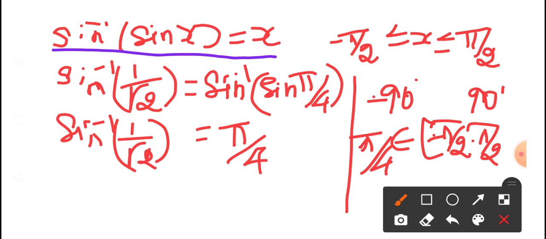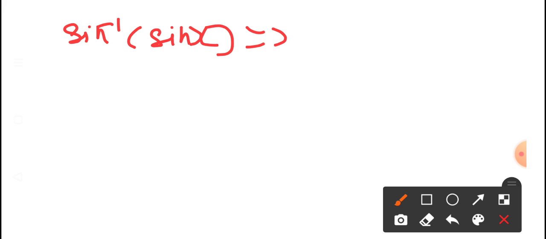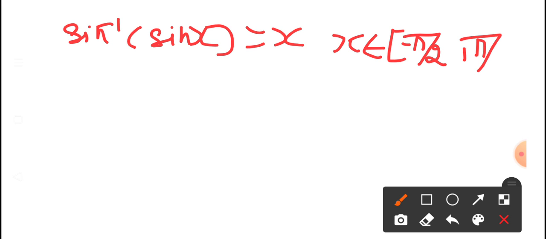Okay. Now our second subdivision. Now we already learned sin inverse of sin x equal to x, when x belongs to minus pi by 2 to plus pi by 2.